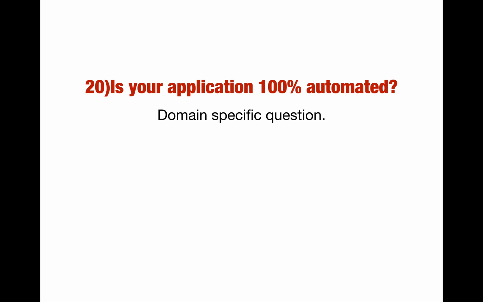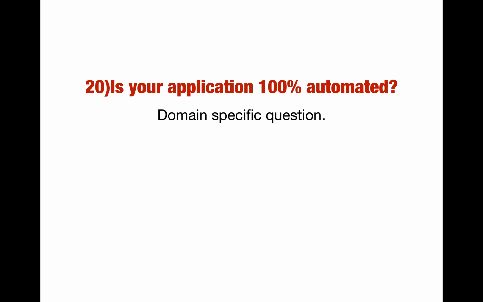Now, the last question: is your application 100% automated? A couple of times I've been asked this. There is no generic answer for this. It depends on the domain. Although we are trying to achieve 100% automation, I have seen applications that are not yet fully automated. Only regression is of primary focus.